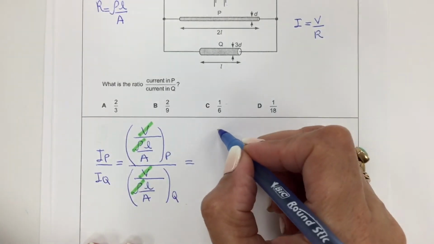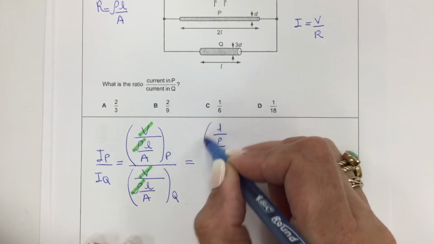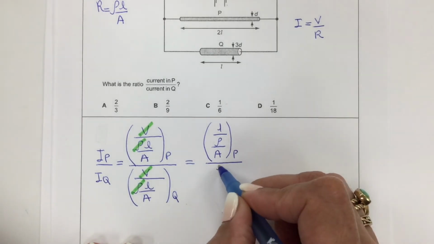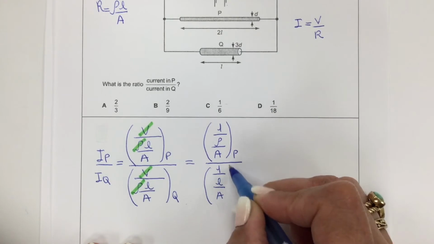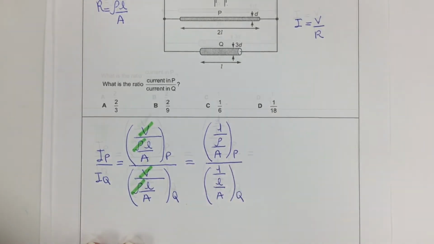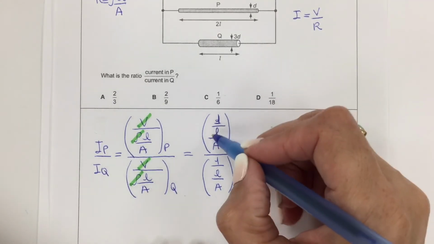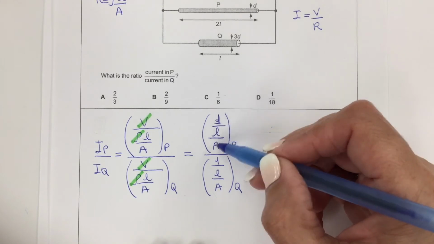So it is 1 over L over A for P, and 1 over L over A for Q. Okay, so I made a correction here. This actually is L, the length, right? So I'm going to fix this.